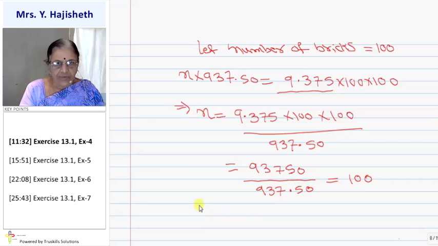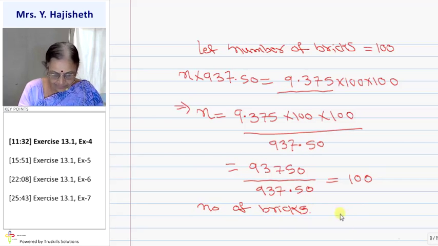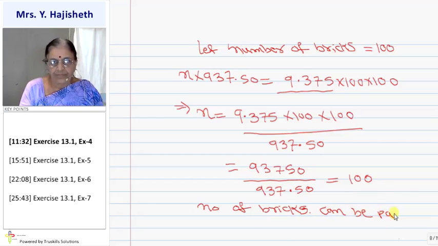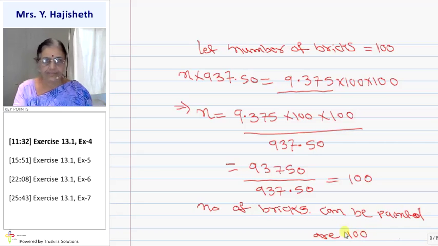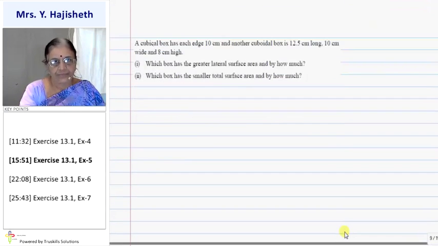So number of bricks that can be painted are 100. Okay. Now next sum.